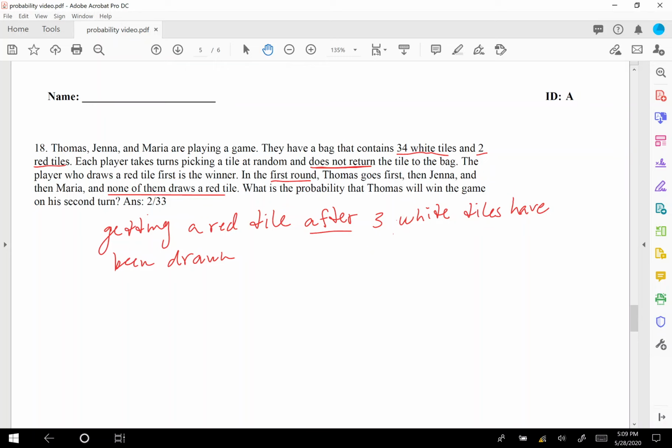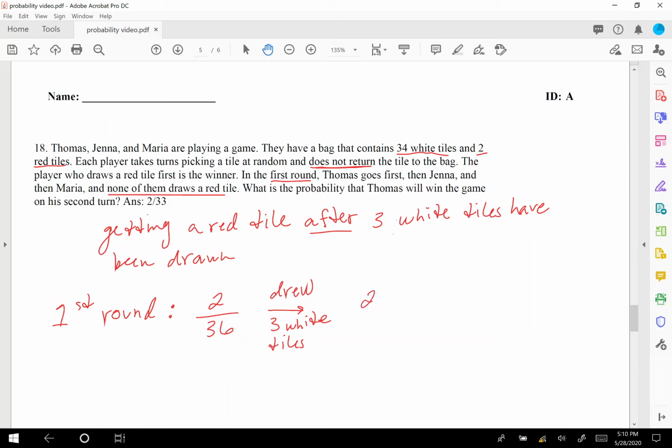So the first round, there were 2 red tiles out of, you have to be careful here, total. Okay, there were 34 white and 2 red. So what's 34 plus 2? 36. Okay, that's the first round. But then they each drew 3 tiles. And they're all white tiles, so it doesn't affect the red.